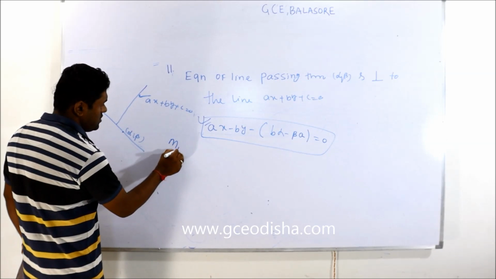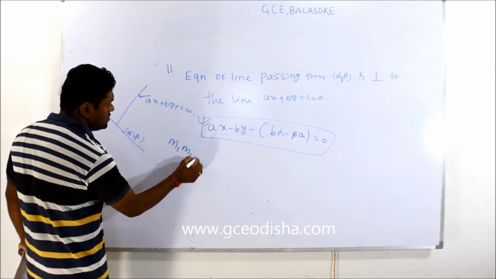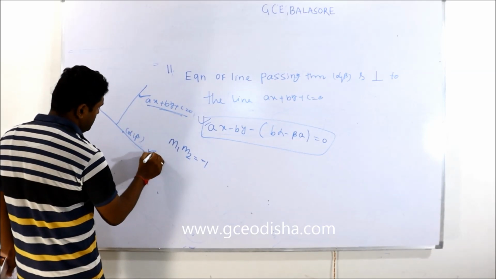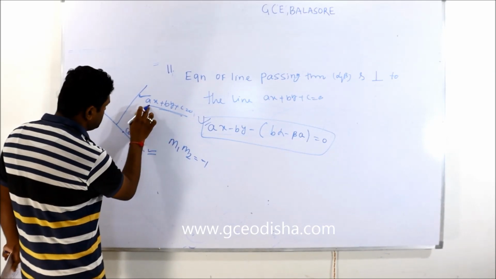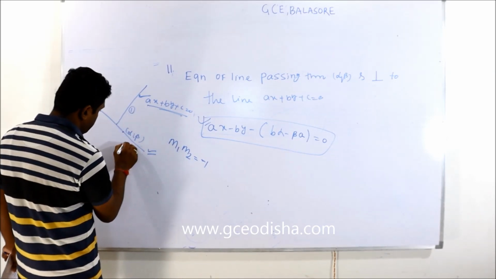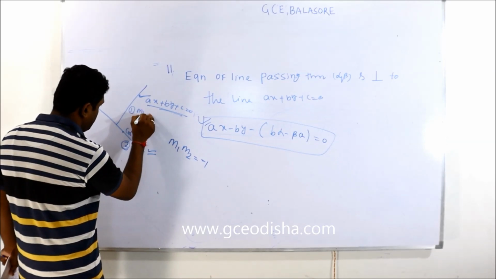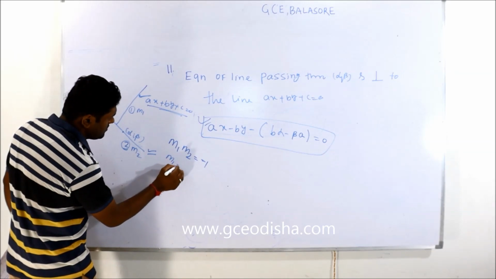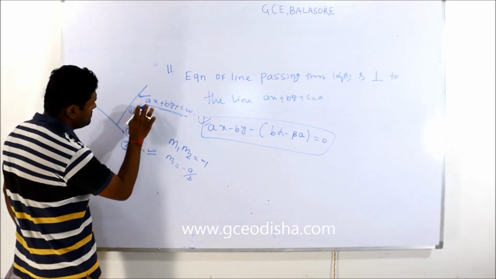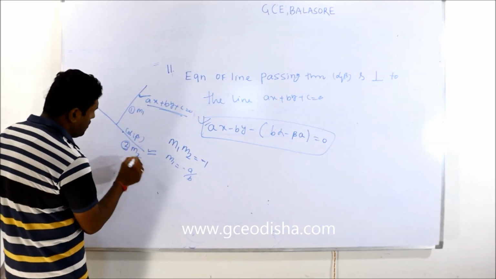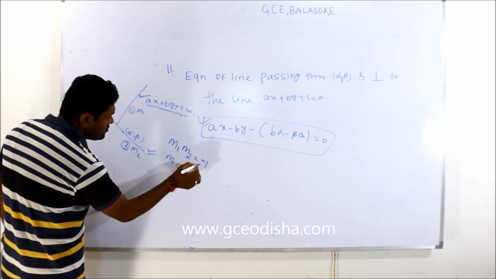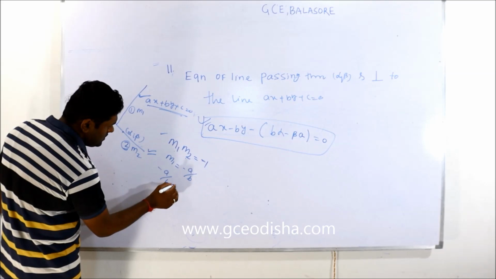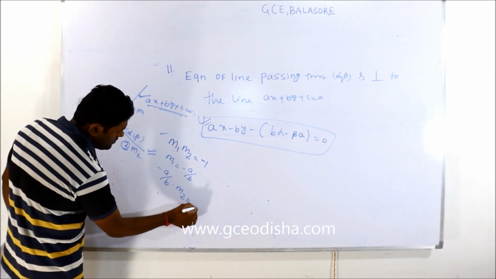As you know, when two lines are perpendicular, m1 into m2 is equal to minus 1. Take line 1 and line 2, with slopes m1 and m2. How much is m1? Minus a by b for this line. As m1 into m2 is minus 1 since the two lines are perpendicular, minus a by b into m2 is equal to minus 1.